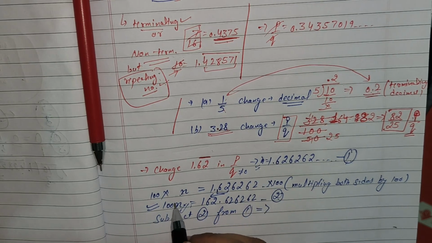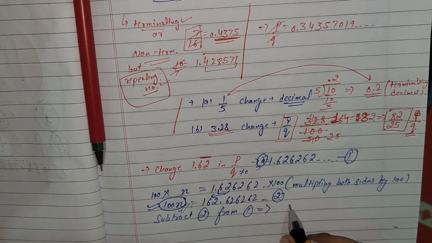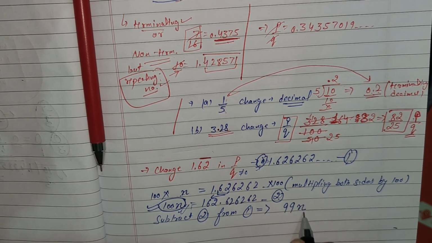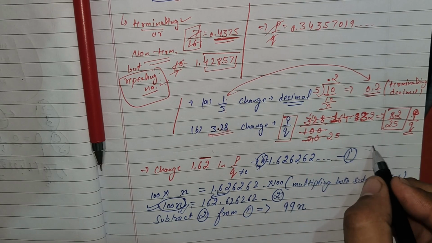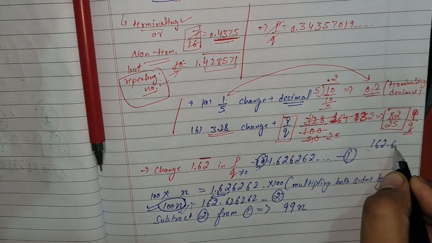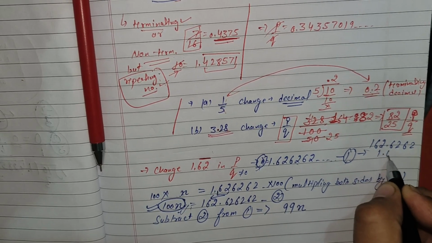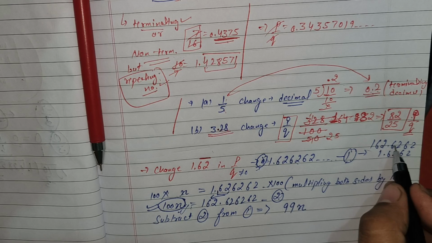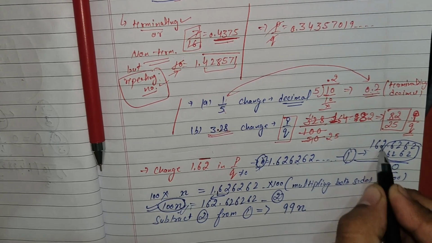So when we subtract x from 100x, what will we get? We will get 99x. And here if we subtract 1.6262 from 162.6262 like this, the decimal part is going to be 0. What will we get here?